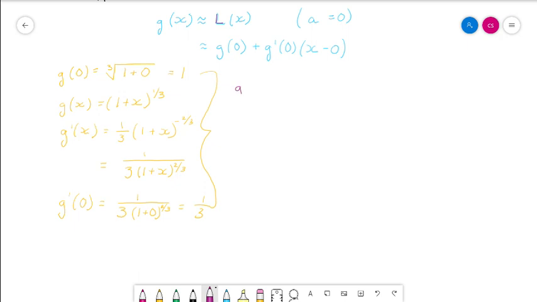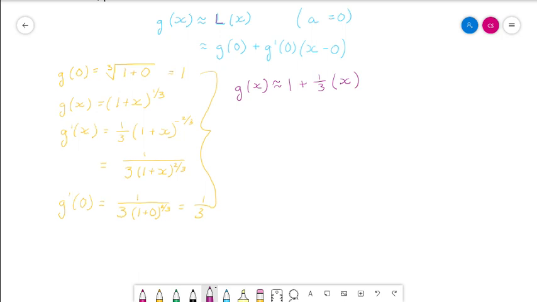So now g of x, it's kind of picking up where we left off, is approximately, let's see, g of 0 is 1. G prime of 0 is 1/3. And then we have x minus 0, which is just x.